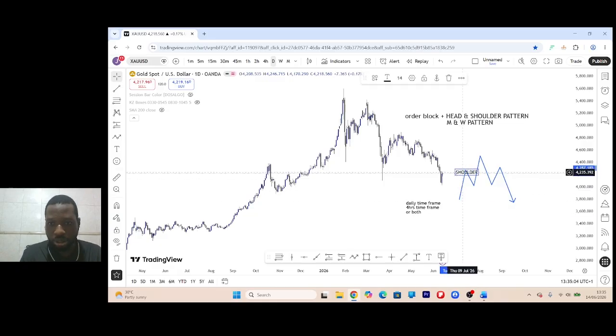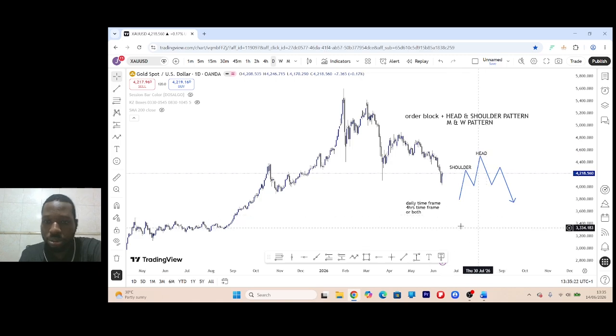So that is the shoulder section. Then here is now the head. So that is it. Then also the inverse head and shoulder, definitely.